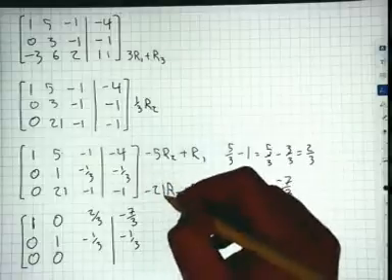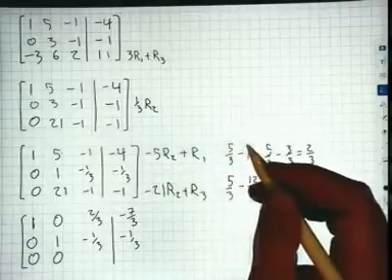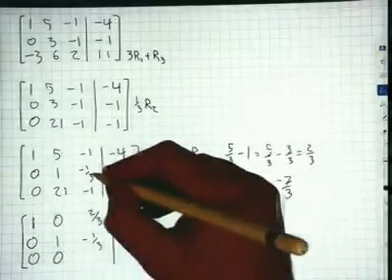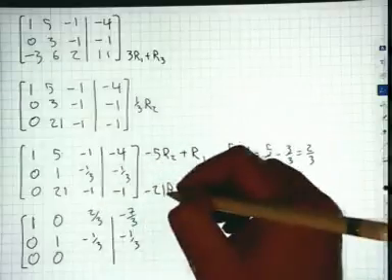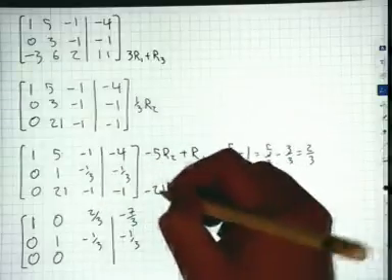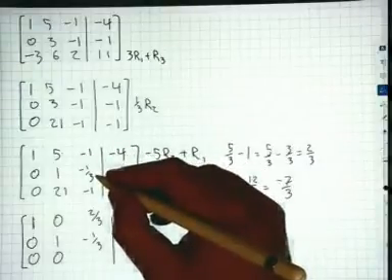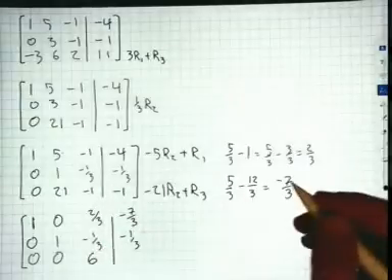Alright, so negative 21 times a negative 1/3. 1/3 of 21 is 7. A negative times a negative is going to be positive. So that's going to be a positive 7 minus 1. That becomes 6.